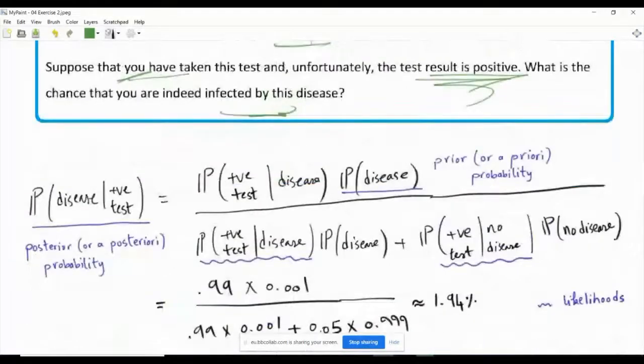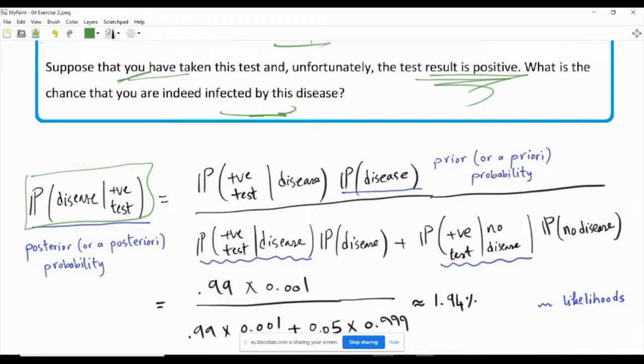Okay, so here is what we are interested in: the probability of disease given a positive result. So now what we are sure of is that this guy did the test and the test yielded a positive result. According to the test, this guy has the tumor, or these protein markers or whatever.